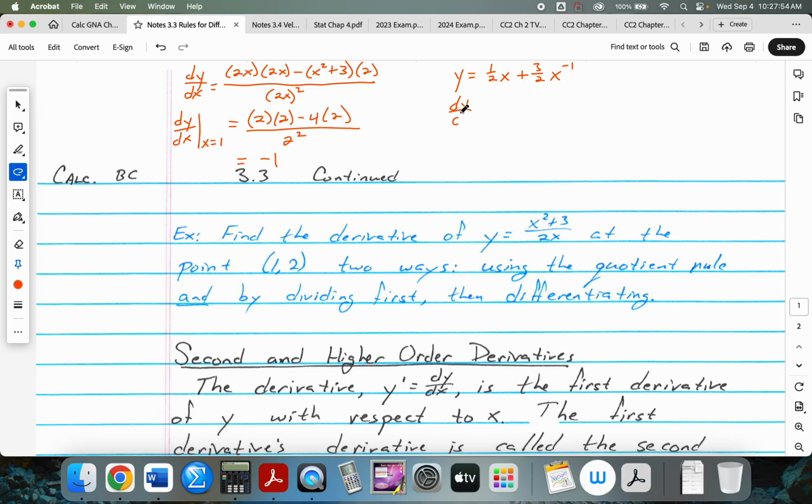So dy/dx is 1/2 minus 3/2 x to the negative 2. So dy/dx evaluated at x equals 1 is going to be 1/2 minus 3/2, which is negative 1.